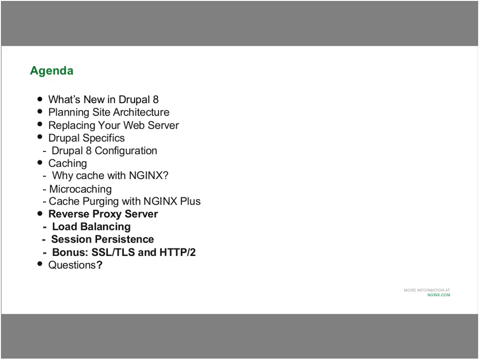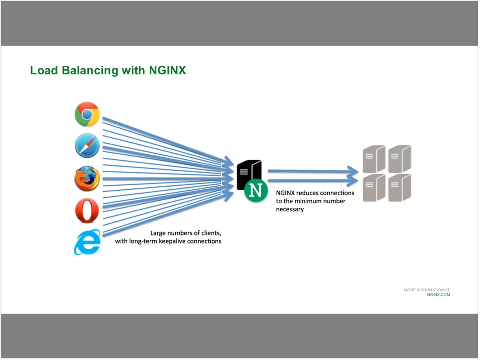If you're pretty embedded with your Apache config, or it's working good enough for you, and you don't want to go through the work of ripping and replacing that, that's absolutely okay. You can use NGINX as a reverse proxy server in front of Apache, and still gain the majority of the benefits of using NGINX.